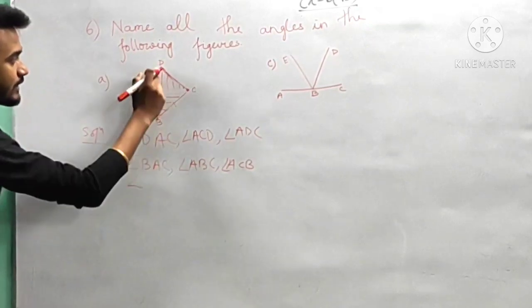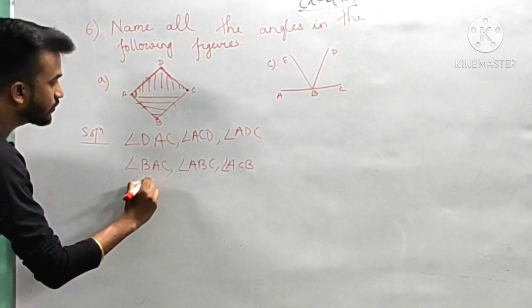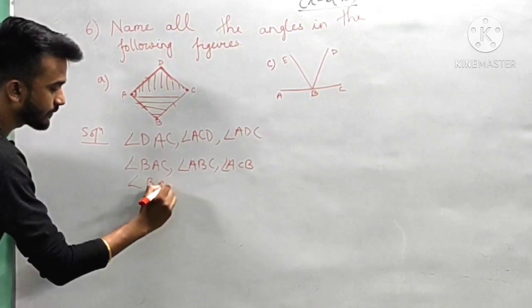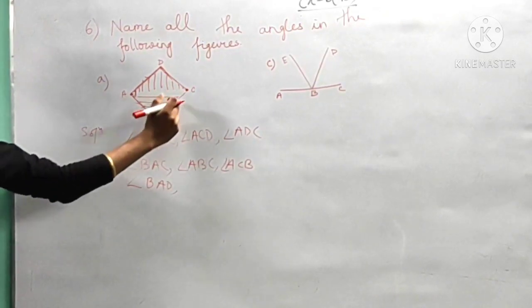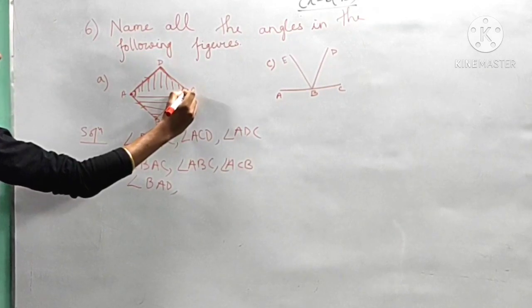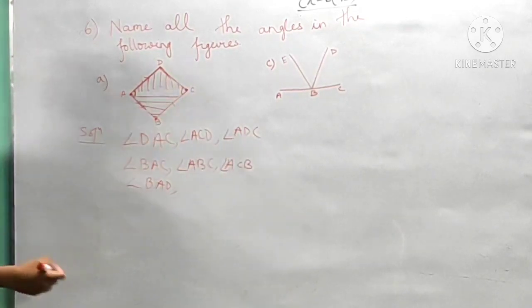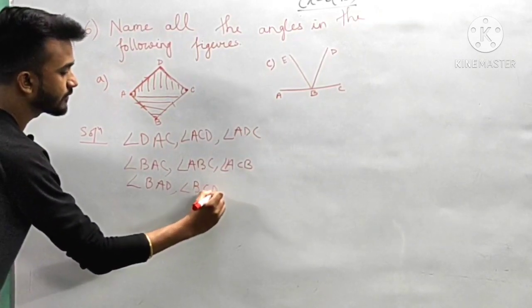So we can write DAB or we can write BAD. So I am writing BAD. The same thing will happen on this side also. BCD will form because C is the vertex and BC and DC are two common arms. So we can say BCD.